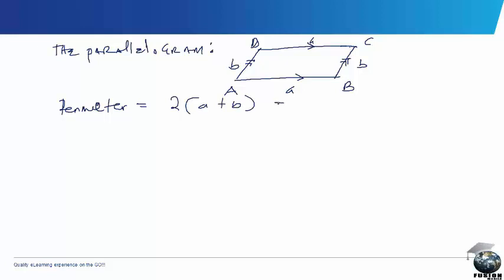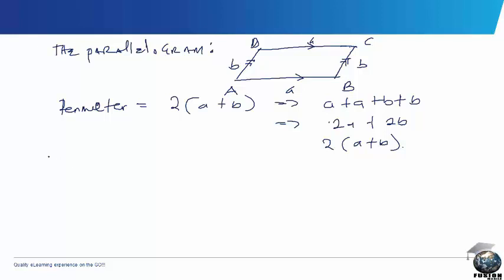It is derived from the fact that you add the two opposite sides, just like that of the rectangle, and then you have 2a plus 2b, and then 2 into (a plus b). This is how you calculate perimeter for a parallelogram.